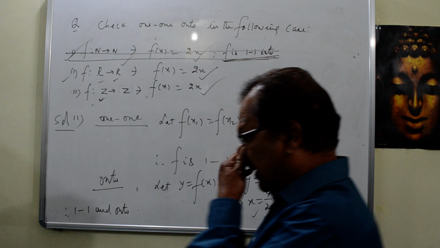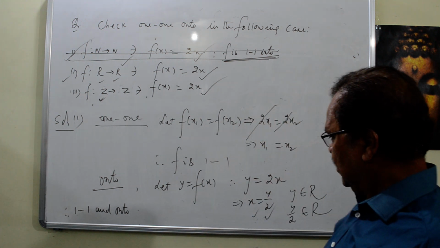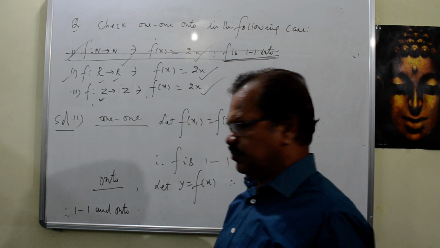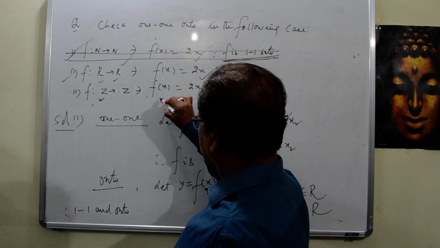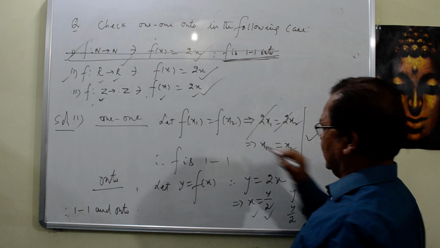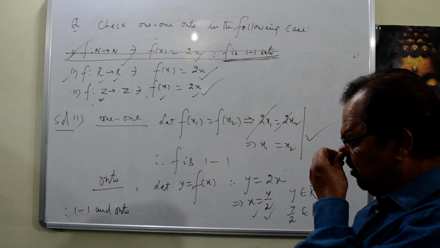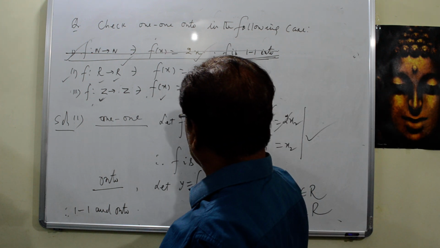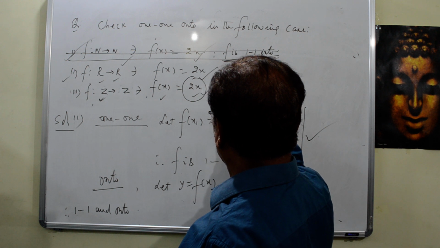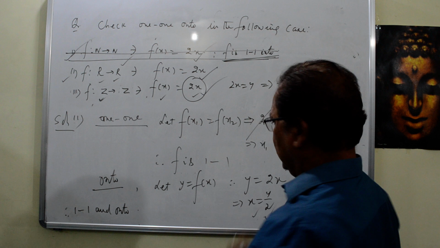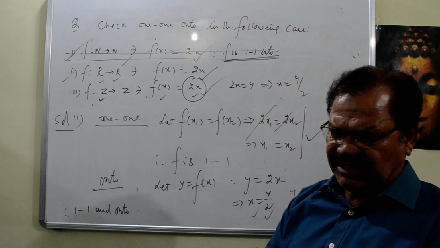Okay? In a similar manner, I am taking the decision fast and leaving this question for you. Now, f(x1) equals f(x2). You will get this part easily in this last one. Now, the problem arises in the case of onto only. Let us take 2x equal to y. What does it mean? x equals y by 2. Now, can you get y by 2 as an integer?